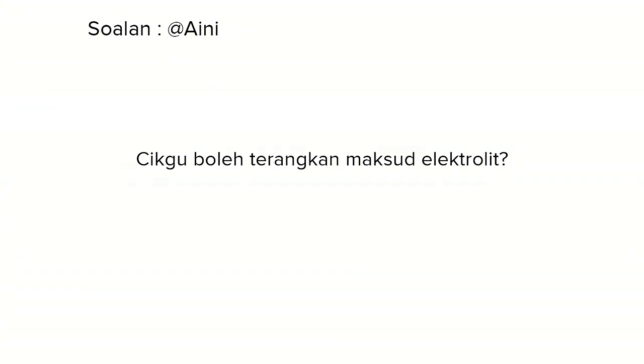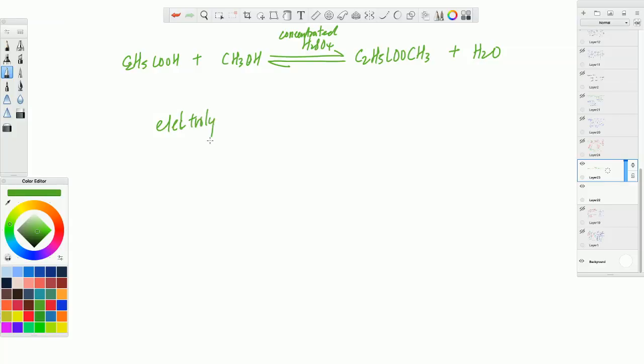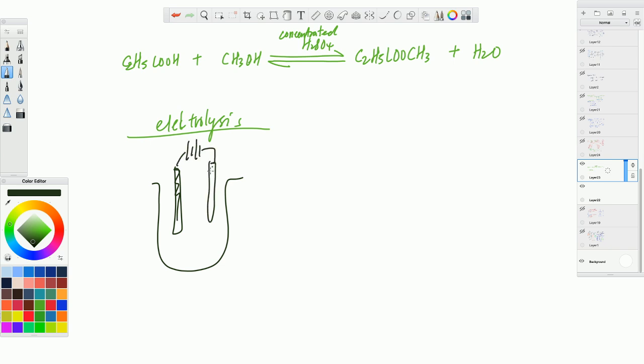Okay. Cikgu boleh terangkan maksud elektrolit. Elektrolit is larutan yang boleh mengalirkan arus elektrik. Untuk elektrolisis, your electrolyte is the one inside the beaker. So apa-apa larutan aqueous atau leburan yang boleh mengalirkan arus elektrik.